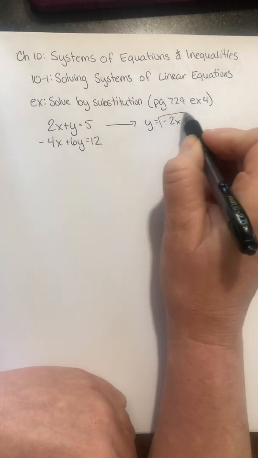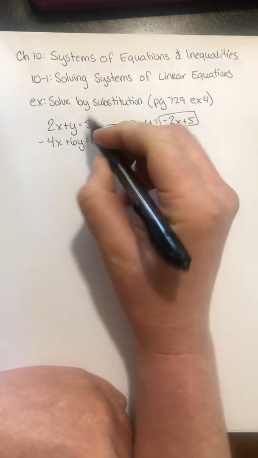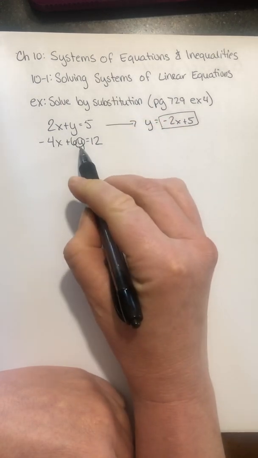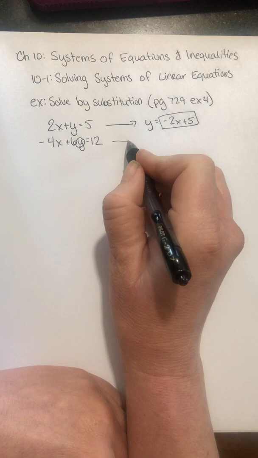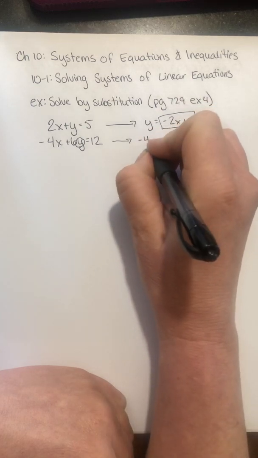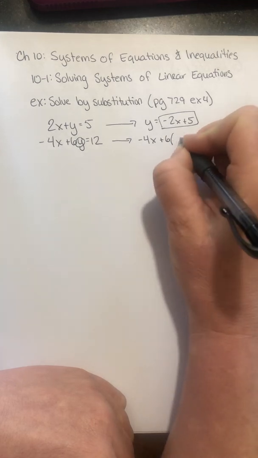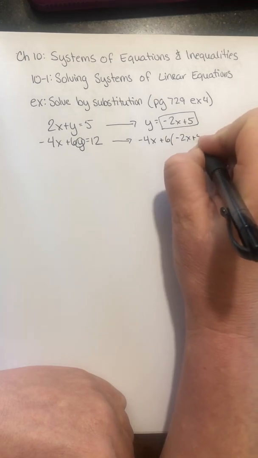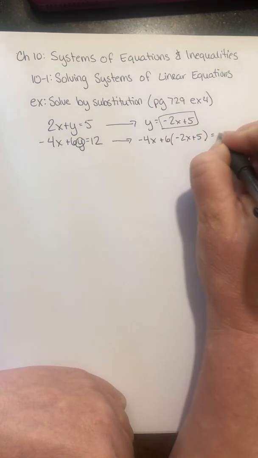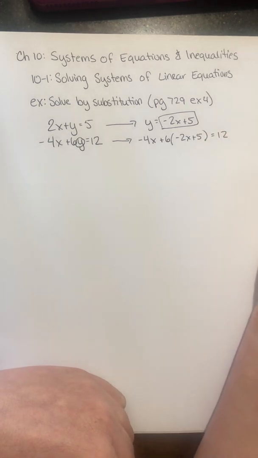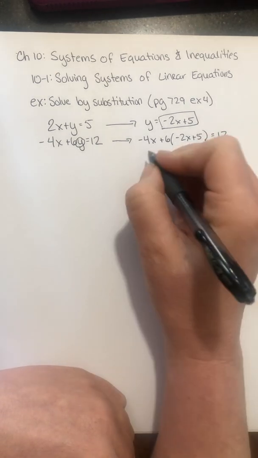And then I would put the negative 2x plus 5 in for the y in the second equation. So then this equation would become negative 4x plus 6 times negative 2x plus 5 equals 12. So now I can go ahead and solve that for x.